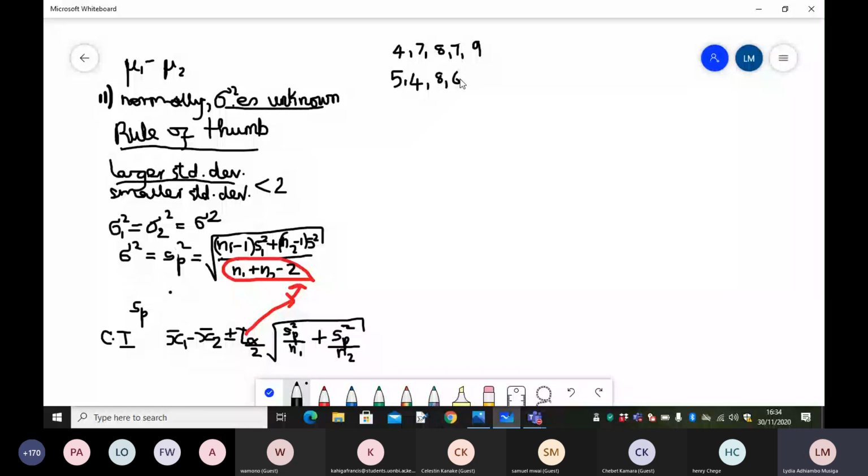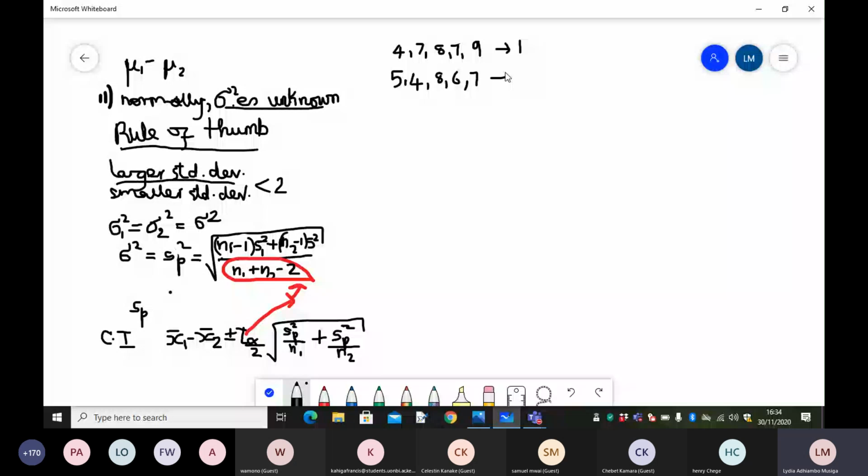So these are samples which are drawn from two different populations. The first one is from the first population. The second one is drawn from the second population.